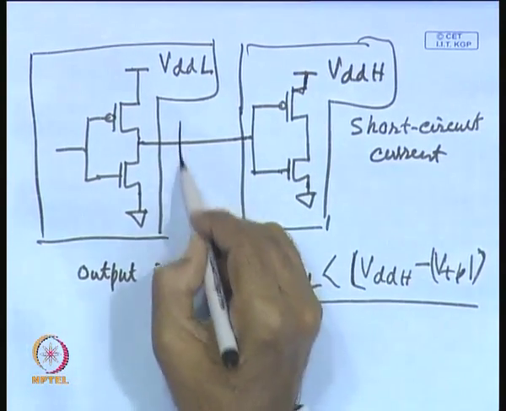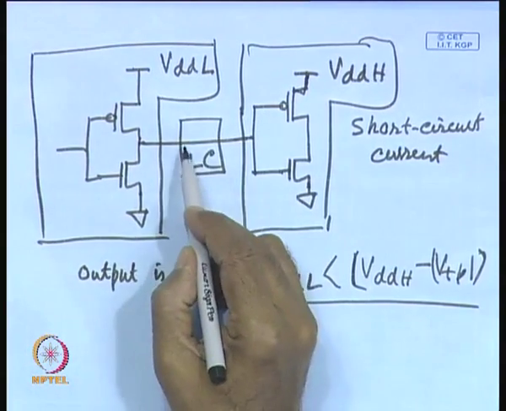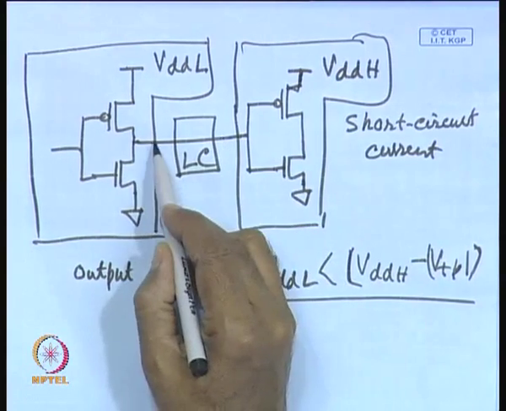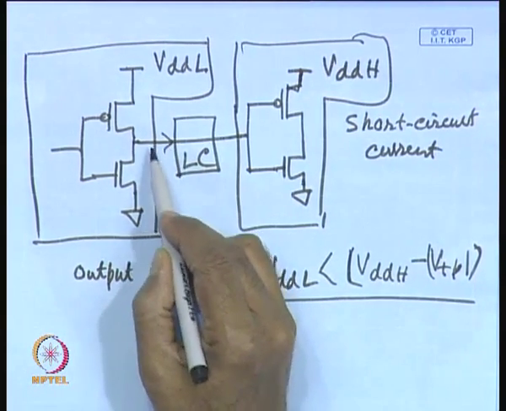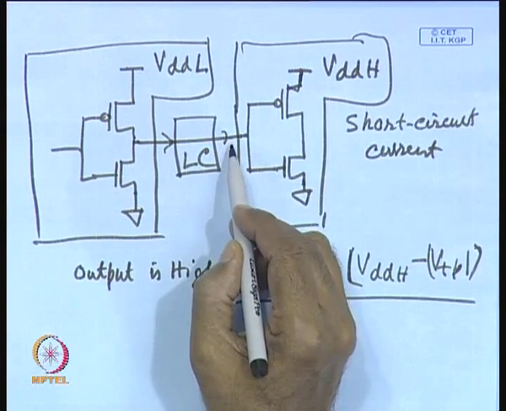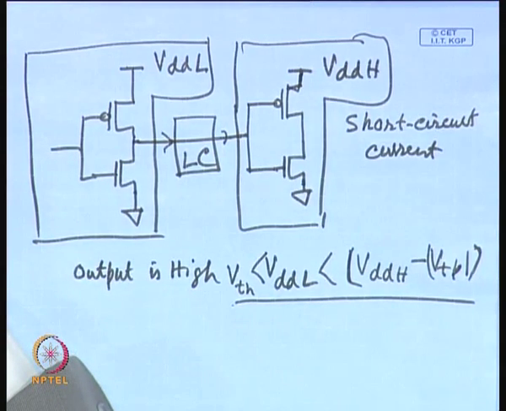You have to put a level converter, LC. The level converter will raise the voltage level: it will receive input from the lower voltage domain and produce output at the higher voltage domain. That is the function of the level converter that is used in this case.